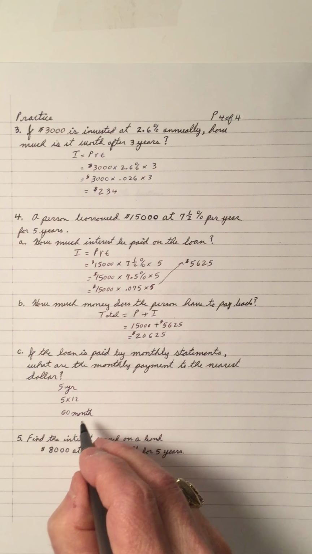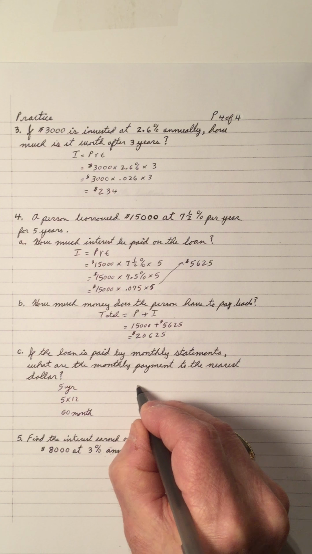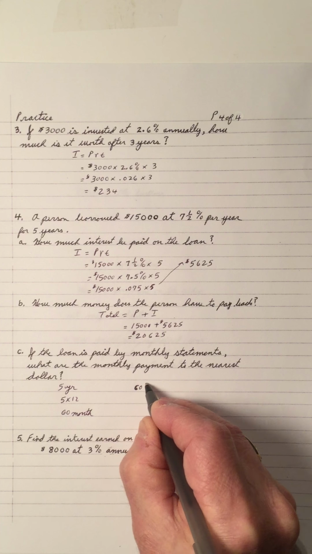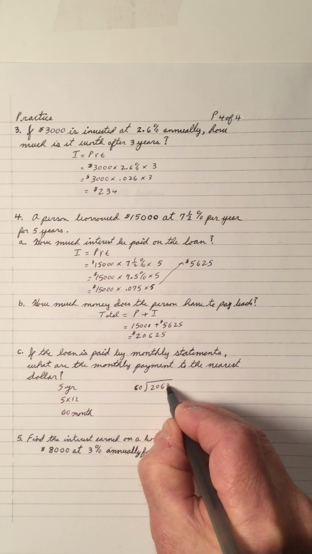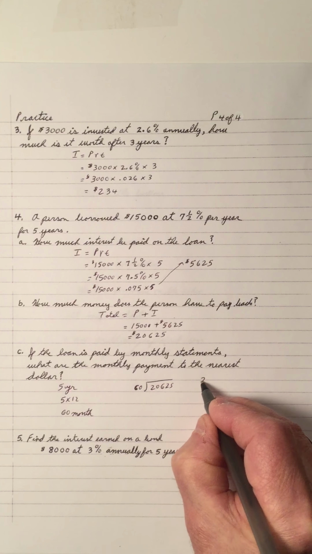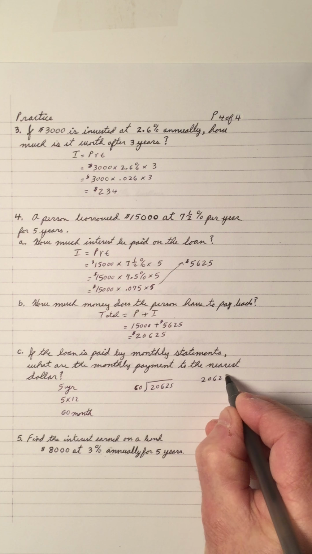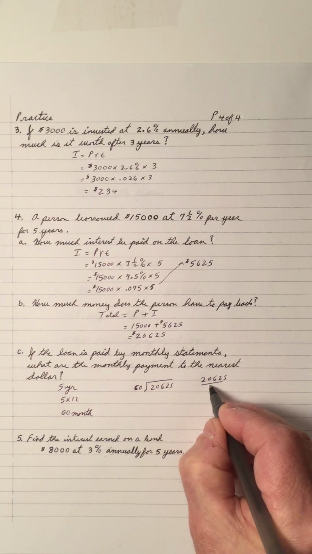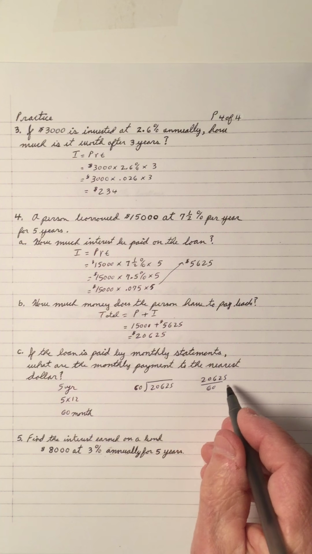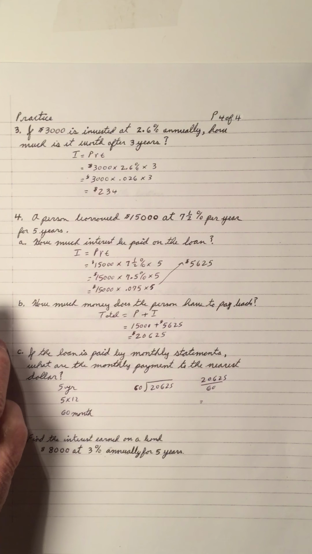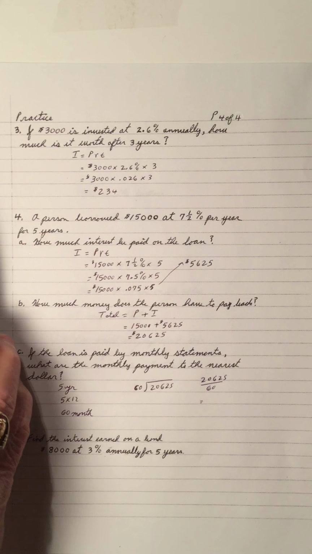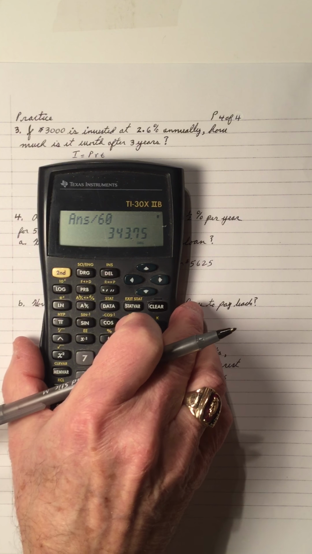So if that be the case, you have 60 divided into 20,625, or you can write down 20,625 divided by 60. Your choice. You can do long division or you can do a calculator. Most students would do a calculator. So I take the 20,625 and I divide it by 60.